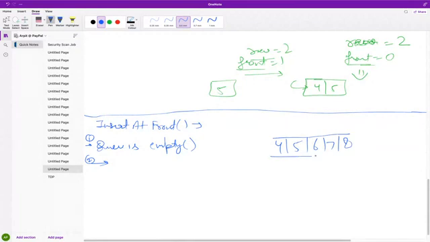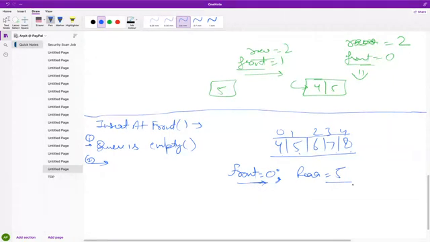If we have not deleted anything, rear would be at 1, 2, 3, 4, 5. Ah, 5. So rear would be at 5. So this is the first situation where front is 0.